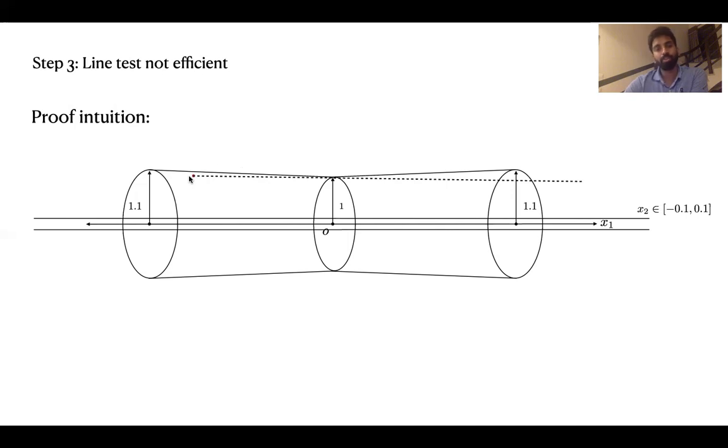For all these points, the line joining this with any of the points here will lie entirely inside the body. That's the intuition. The details are in the paper and they're easy to follow.